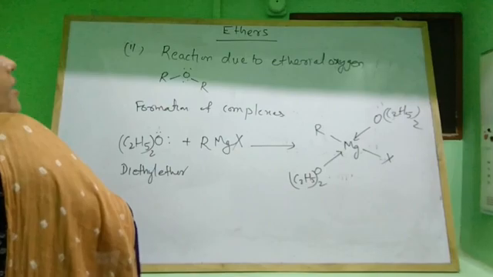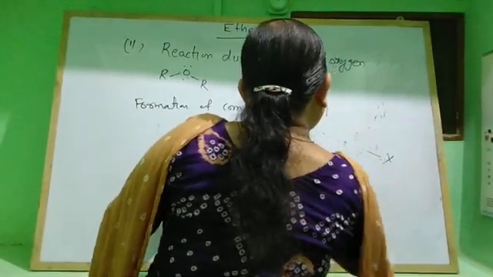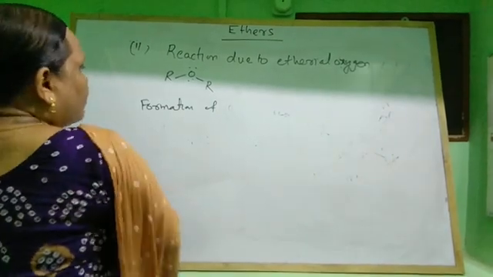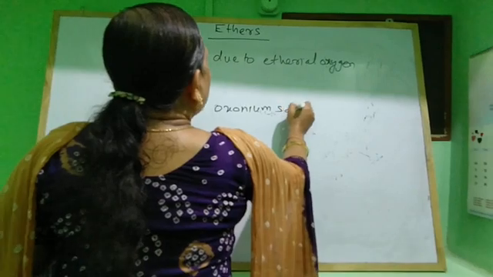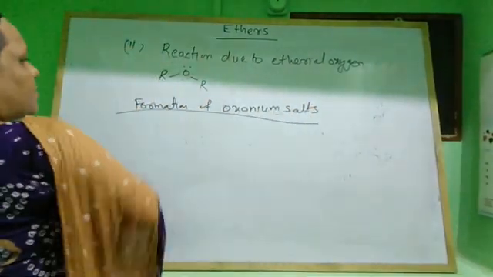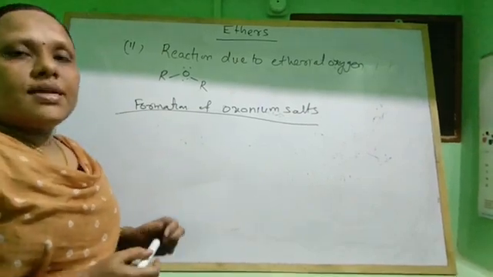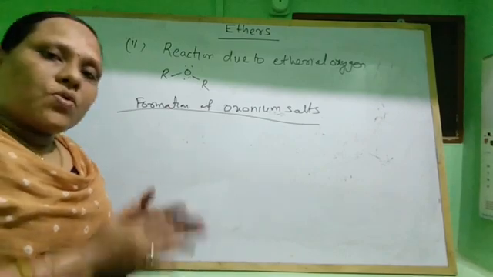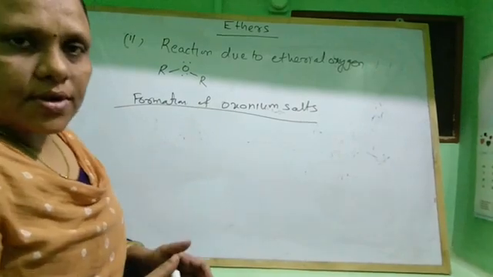Next, formation of oxonium salts. Ether reacts with concentrated hydrochloric acid or concentrated sulfuric acid in cold condition to form the corresponding oxonium salt.